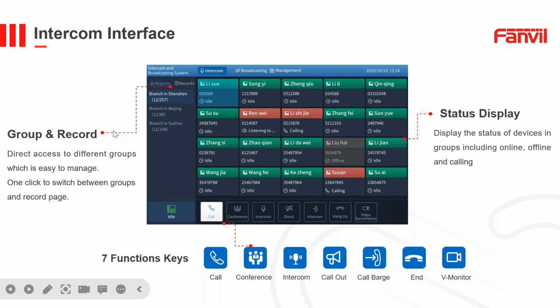And you can choose a group or a single device. So with the software, you will find it easy to use in public address applications. And in the following solution part, I will share with you how to set a task.